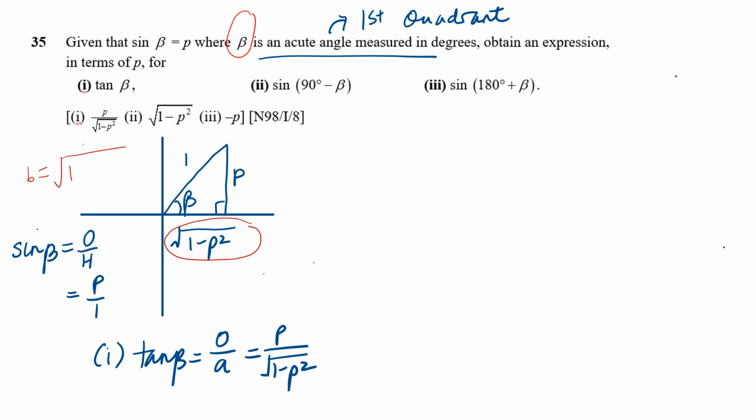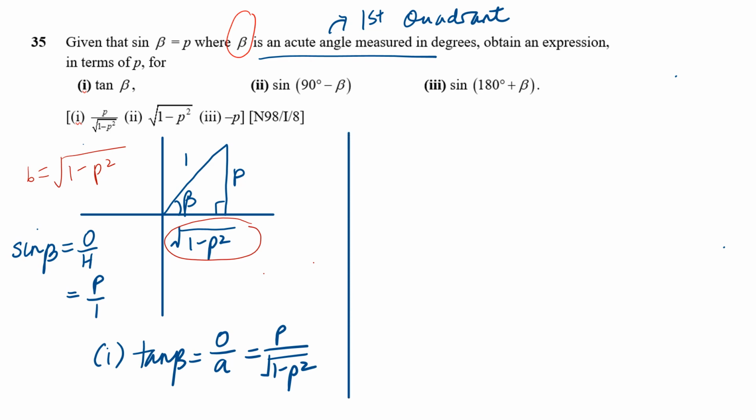So your value of C is 1. So it's 1 squared, which is 1, minus P squared. So that's how I get square root 1 minus P squared for your adjacent. To find tangent beta, it is the ratio of opposite side over adjacent side. O over A, P over square root 1 minus P squared.